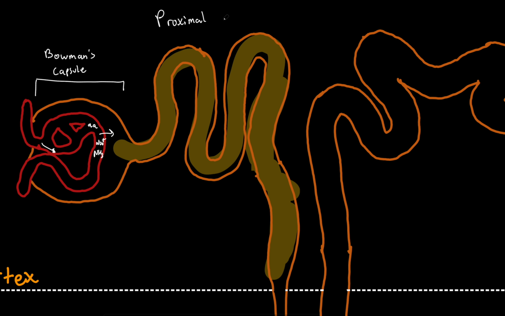This is the first region in which our filtrate will actually go to. Through our proximal convoluted tubule, we're going to have these small solutes that we're talking about, amino acids, we have glucose, and let's say we also have some salts over here.